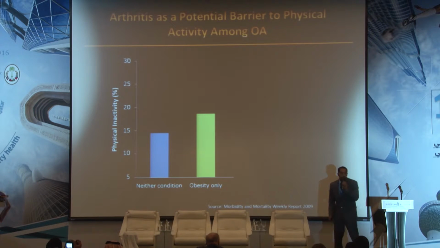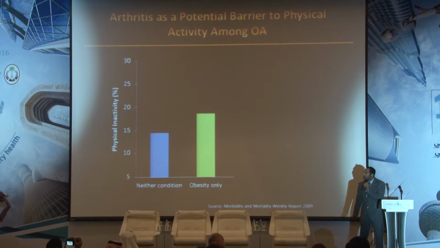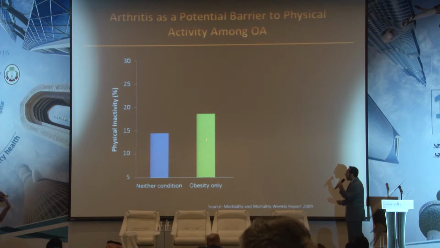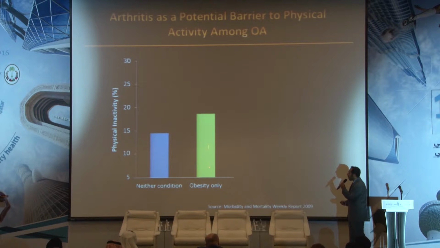Now, with all these recommendations, we could see a group of researchers found that people who do not have any disease have some time of inactivity. And we are complaining about obesity. People with obesity are not doing any kind of activity, which is going to be more inactivity than normal people.